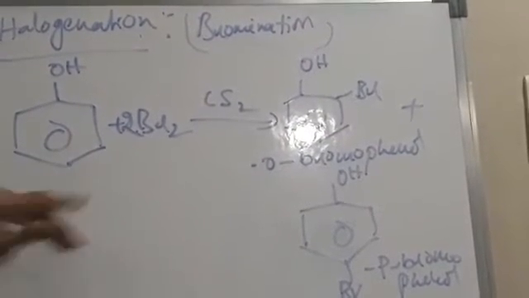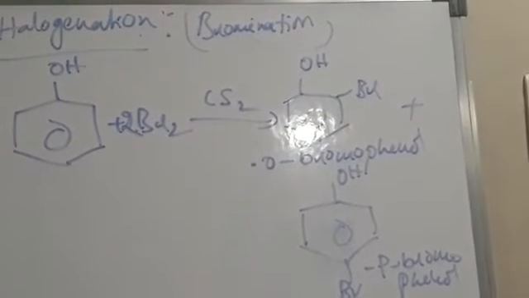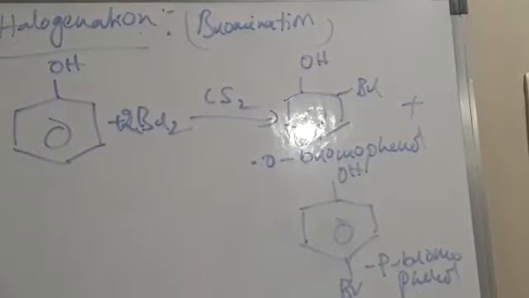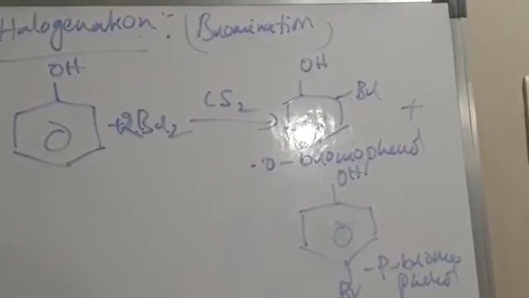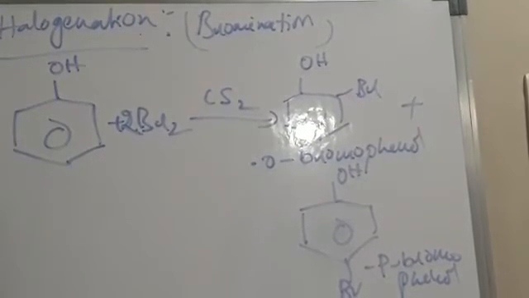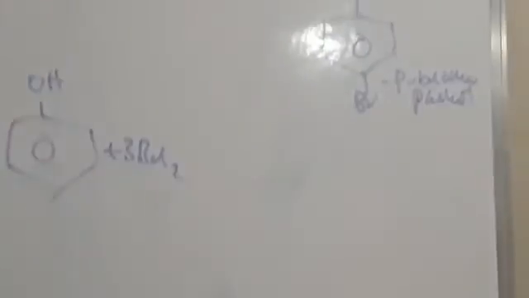Next, bromination reaction again in presence of water. Here we get a single compound, which is a tri-substituted compound, that is 2,4,6 tribromophenol. Phenol undergoes bromination here using 3 moles of bromine.